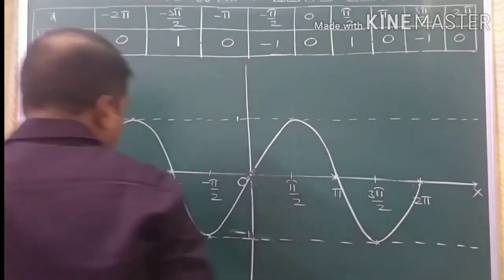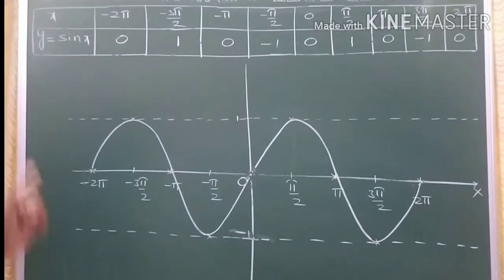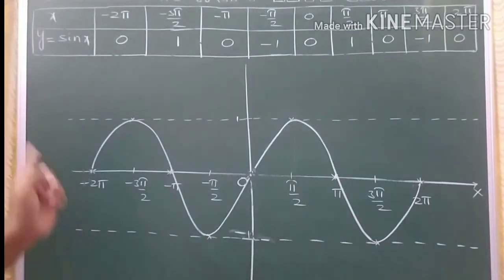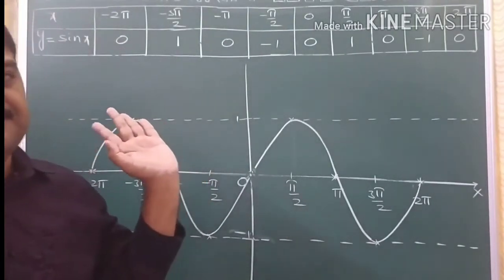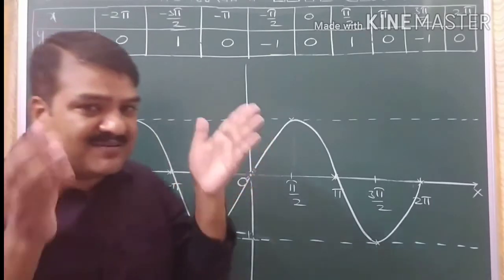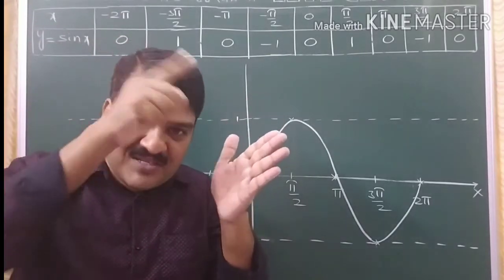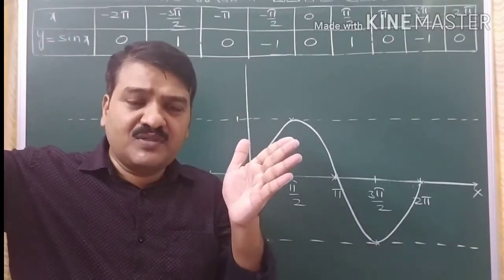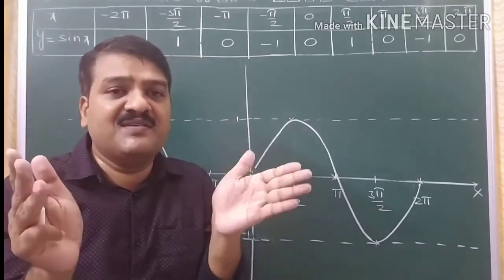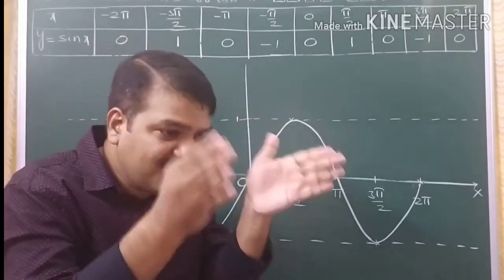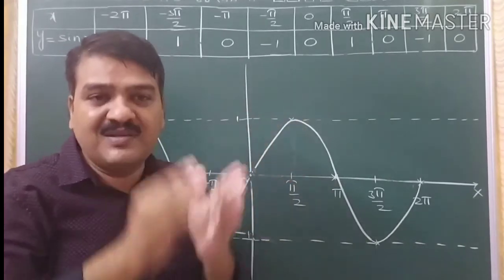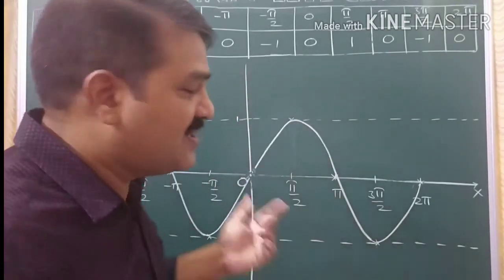So we can actually find the period of any trigonometric ratio using the graph like this. Just you have to observe the interval for which the graph is repeating. That specific interval length will be called the period. That's all.